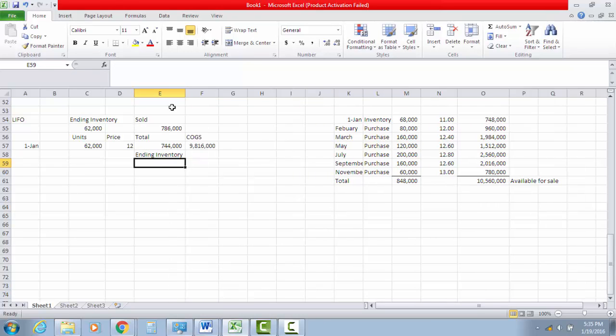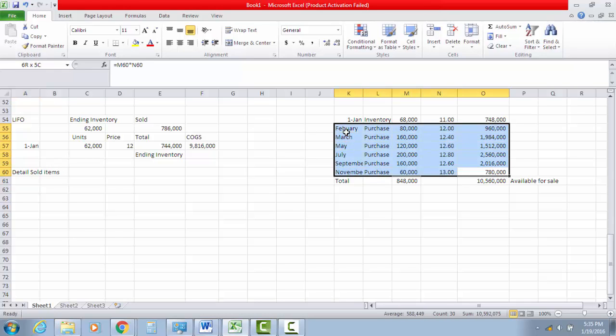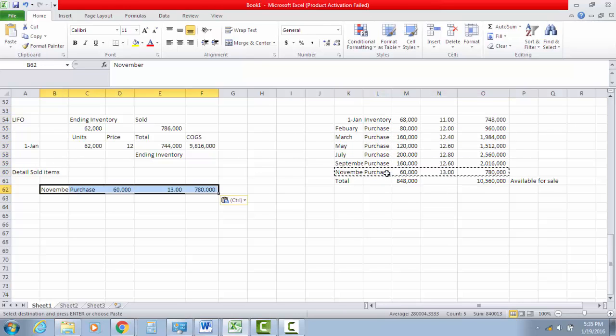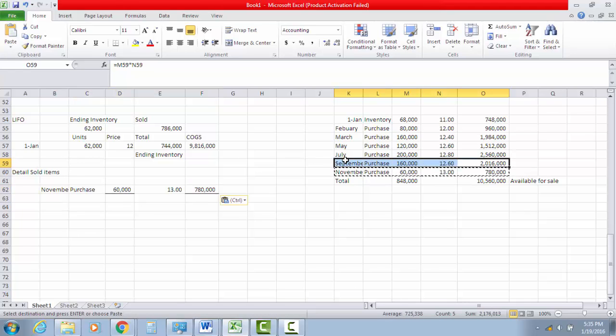So if you choose to do it the other method, you would simply detail out sold items. Since I have it here, I'm just going to copy it. And I'm actually going to copy from the bottom to show you how it would first then be sold.